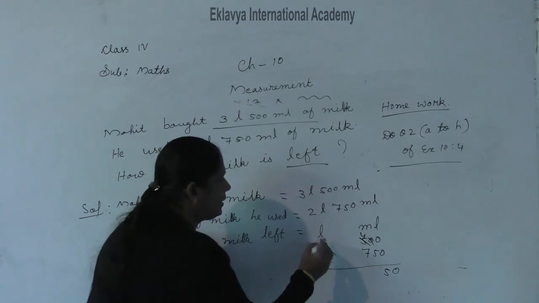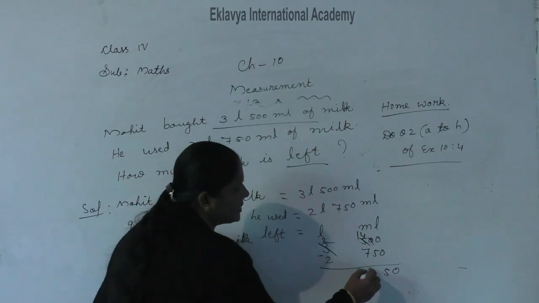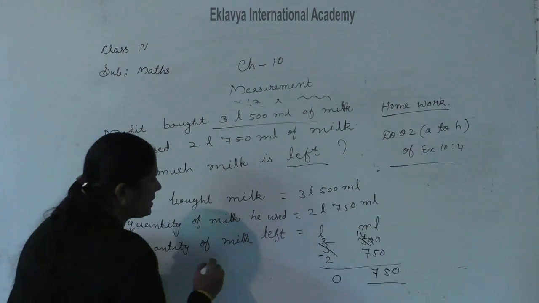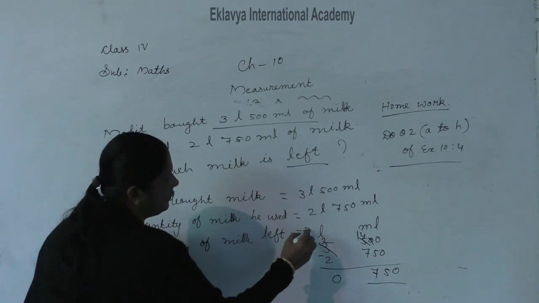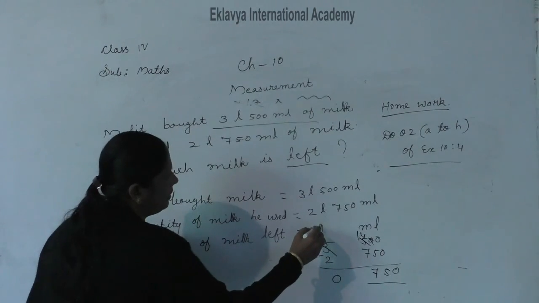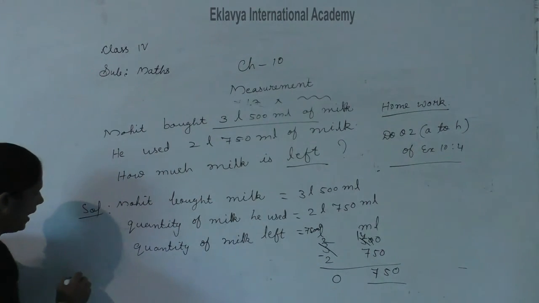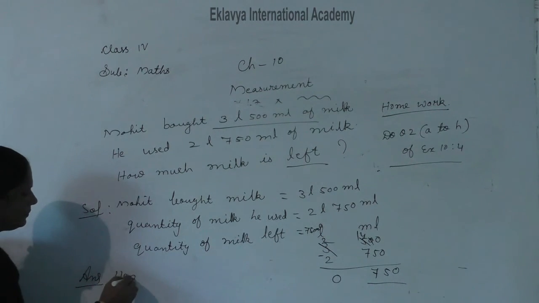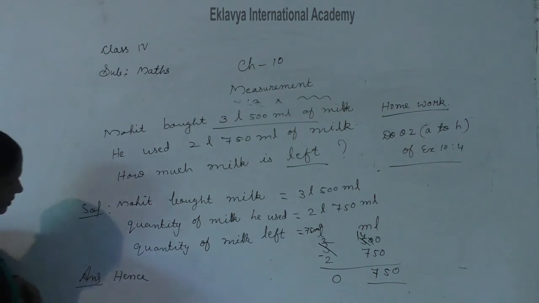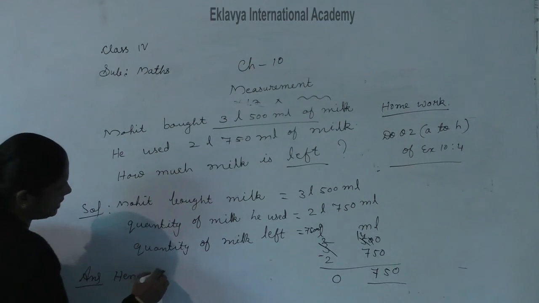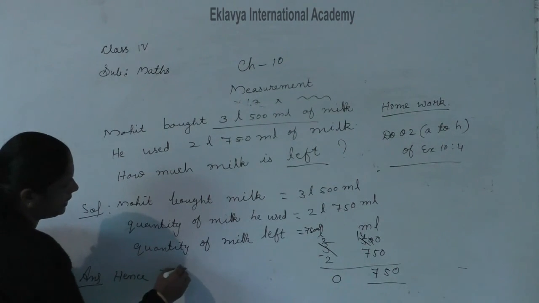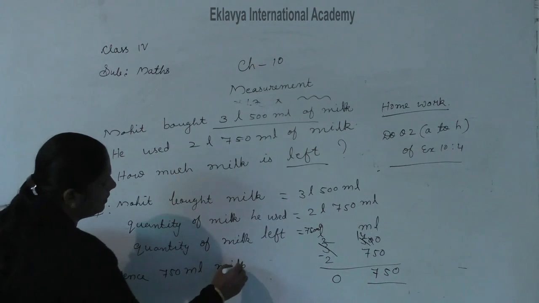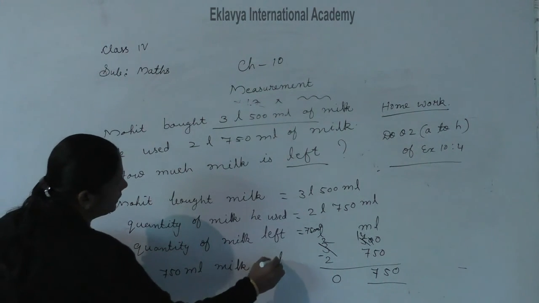No, you take here, then 14, 7, here 0. What is our answer? 750 ml. Now, answer, hence, 750 ml milk is left.